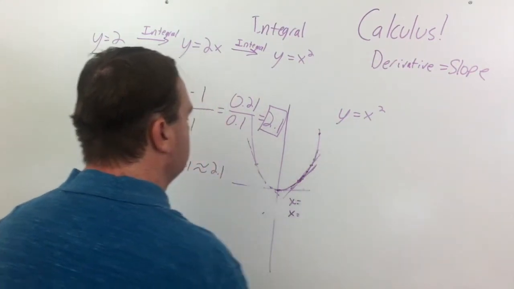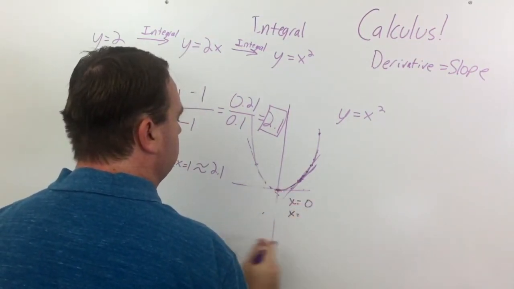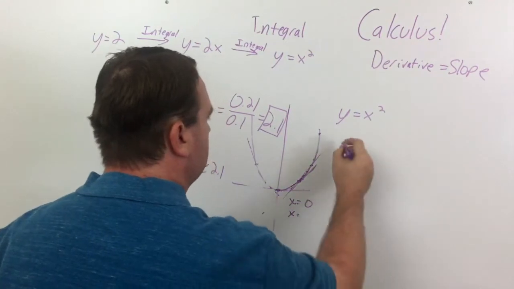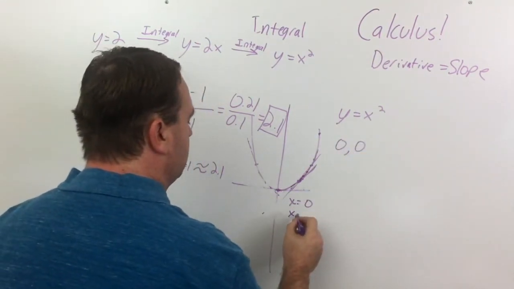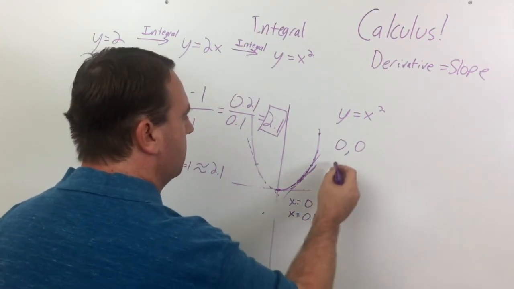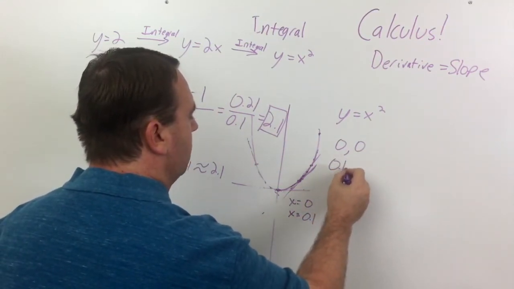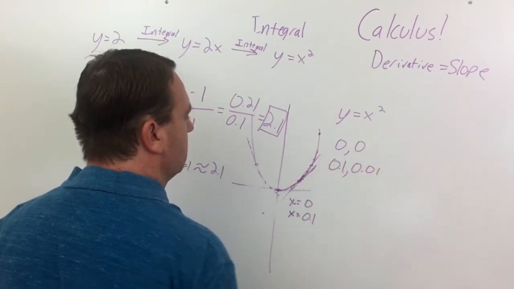So let's find the slope at x equals 0. At x equals 0, y is equal to 0. So let's bump this over just slightly to x equals 0.1. Well, at x equals 0.1, y is 0.01.